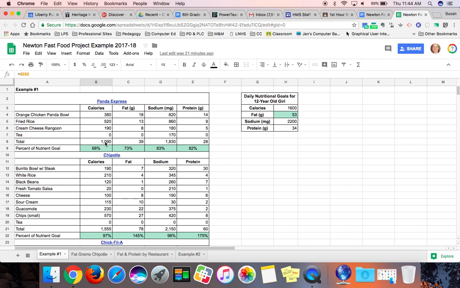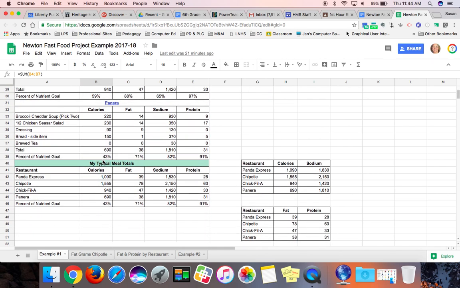So right here is my B8, that's my total calories, 1,090. So I just put across here that I wanted whatever was in that cell carried down, whatever is in C8 carried down, whatever in D8 carried down, whatever is in E8 carried down.